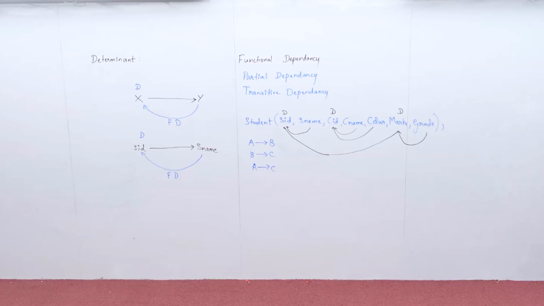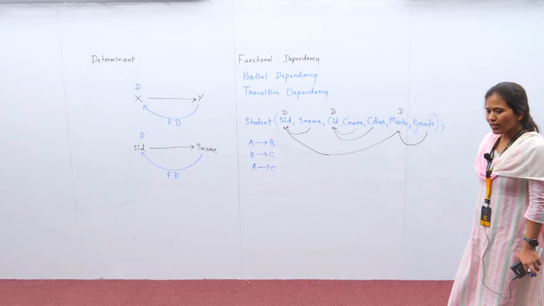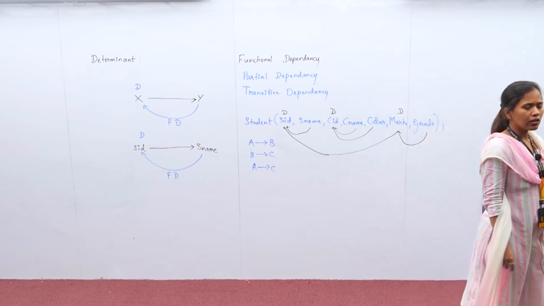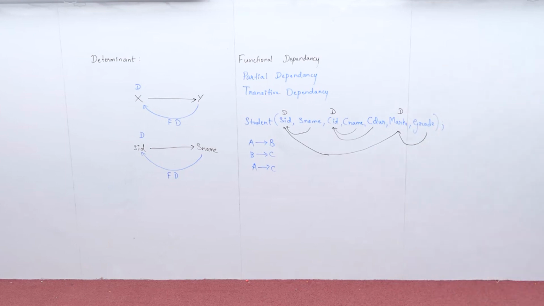Partial dependency exists when there is more than one determinant existing in a same relation.